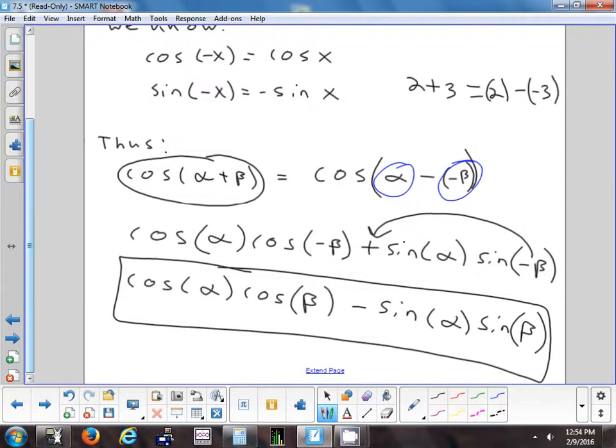Okay, we're not going to have to go through that derivation again now. We're just going to use it to figure something out. Okay, what angle do you think I could figure out now? Think of how we did 15 before. What do you think an angle that this formula would allow me to do would be?